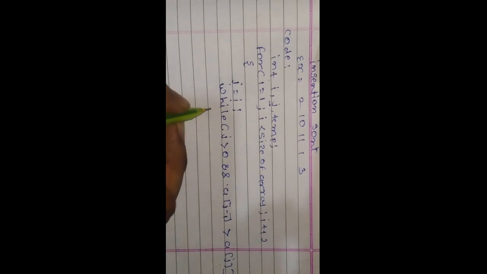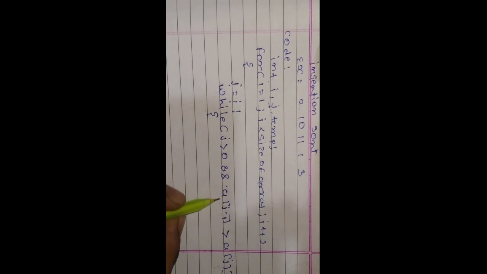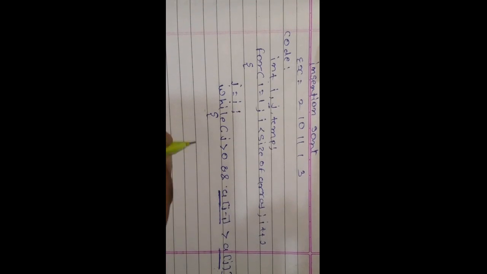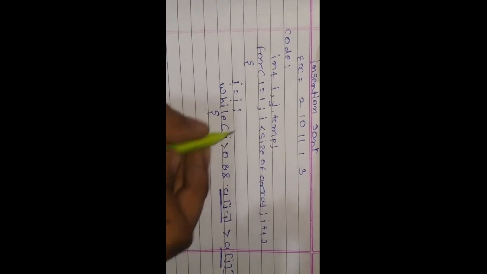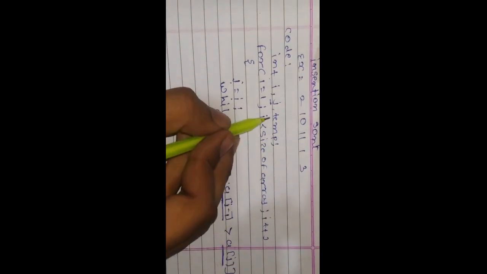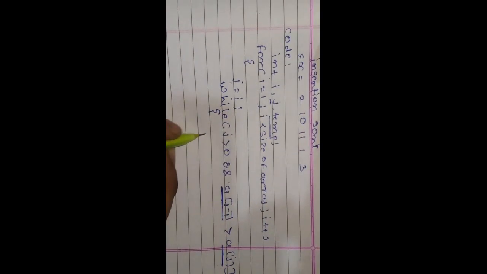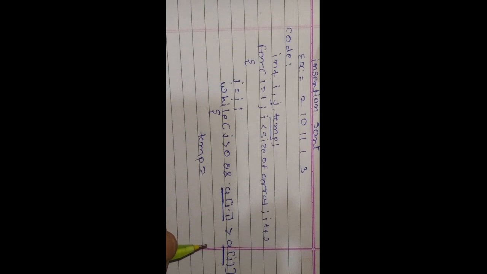Now in the while loop we swap the two values, at index j minus 1 and index j. Okay, we swap both values. Initially we declare the temp variable as an integer. So temp equal to a[j minus 1], it's a swapping method.